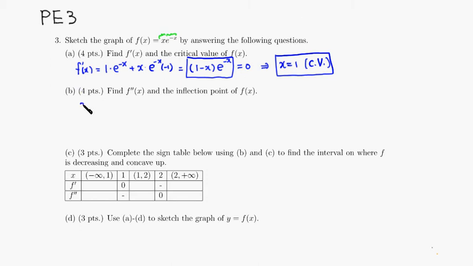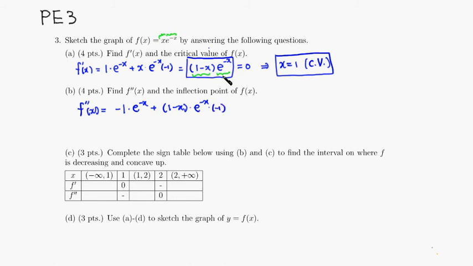So f double prime of x is equal to, this is the first, this is the second. The derivative of the first is negative 1 times the second, e to the negative x, plus the first, 1 minus x, times the derivative of e to the negative x, which is e to the negative x times negative 1.